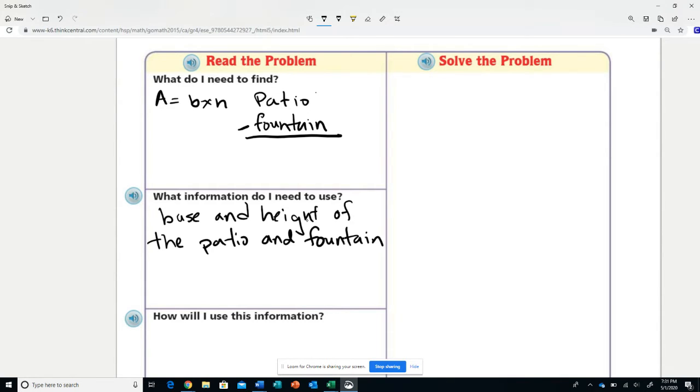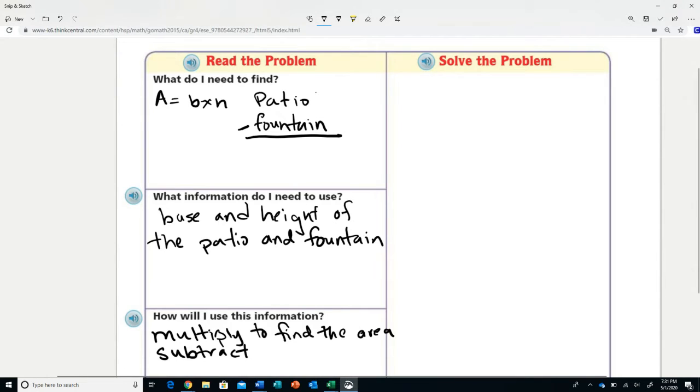How will I use this information? Well, you're going to multiply to find the area. And then you're going to subtract to find the final answer. Now I'm running out of space here.